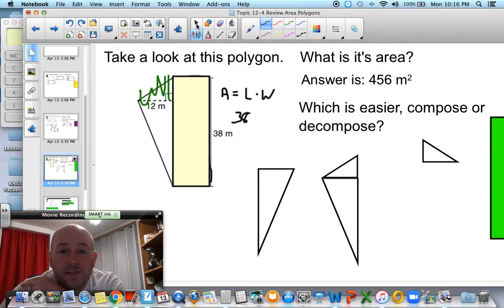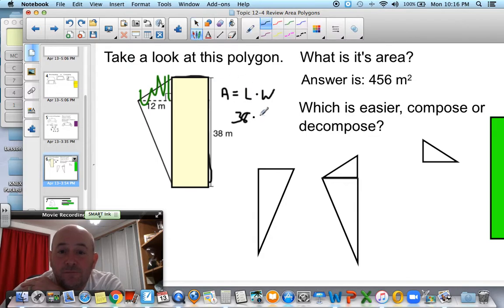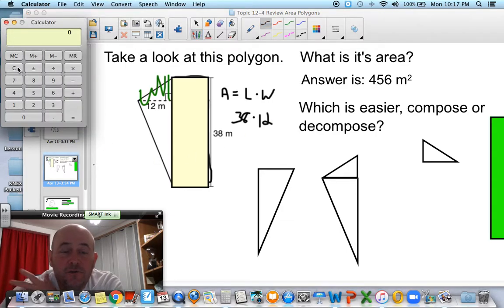Now the width in this case is this 12, because if you look at it, it's right there. It's 12. So 38 times 12. And when we do that, we don't have to do any division or anything fancy. We just simply do 38 times 12. And we get 456. Okay?